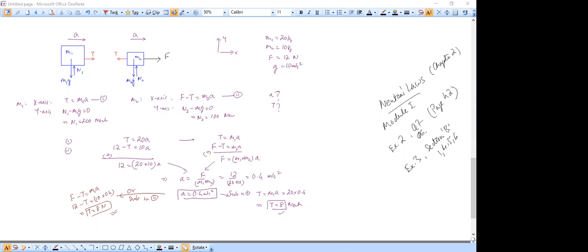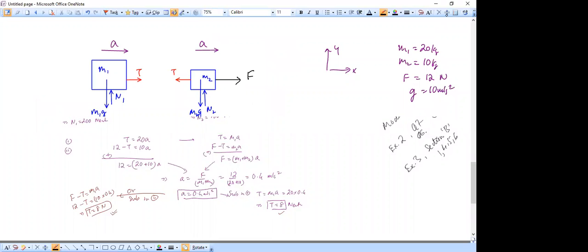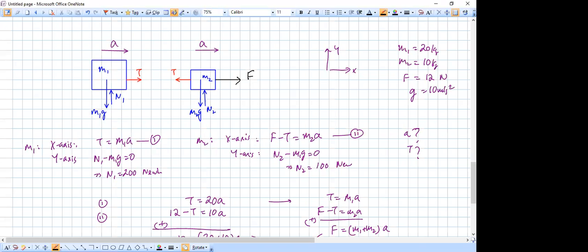So starting with question number 6. So hope you're done with the solution of this question. Okay, Dhruv, you solved the 7th one, good. Then come to the 6th one.